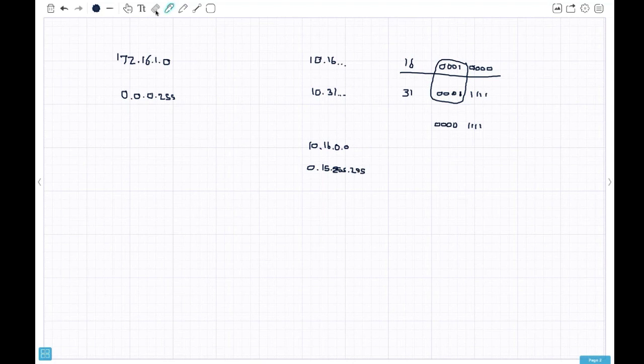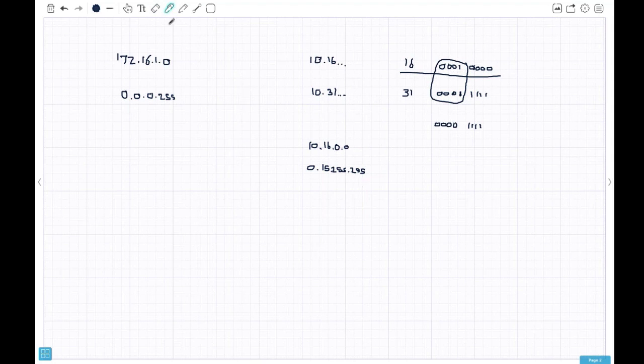Okay? A bit of nastiness there. Let me just tidy that up. So 0.15, I seem to not be able to get my numbers straight today. .255.255.